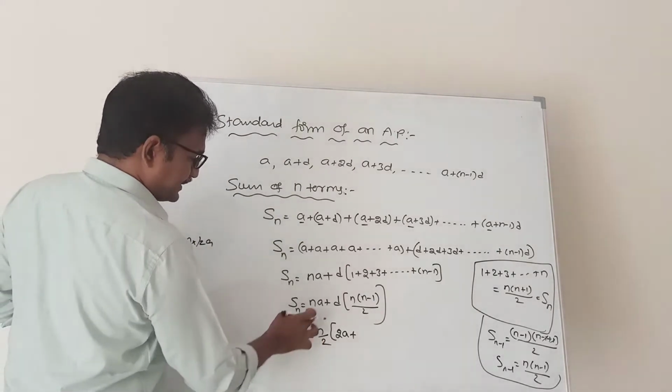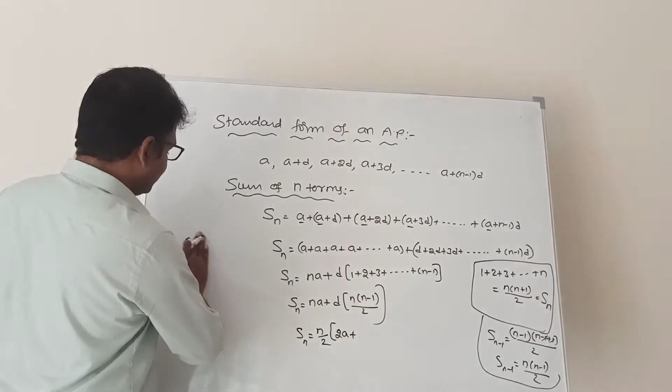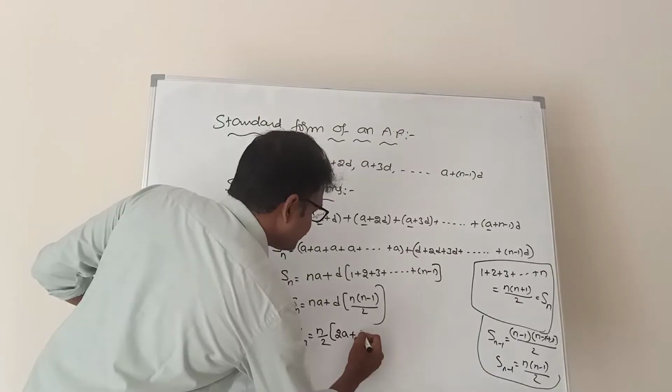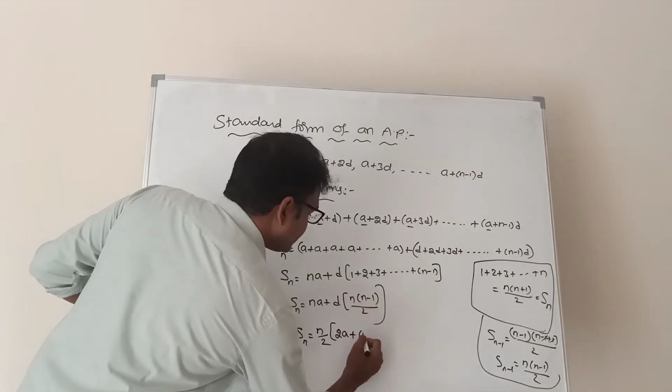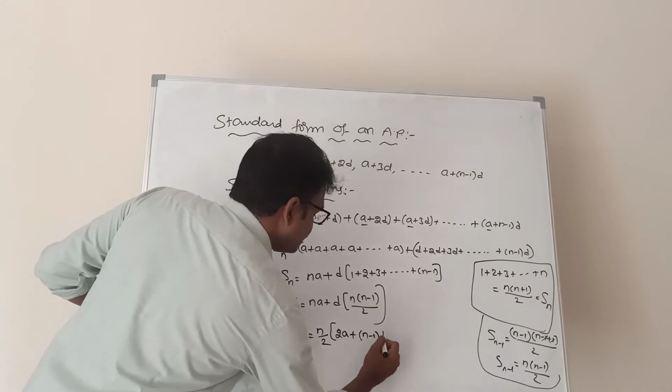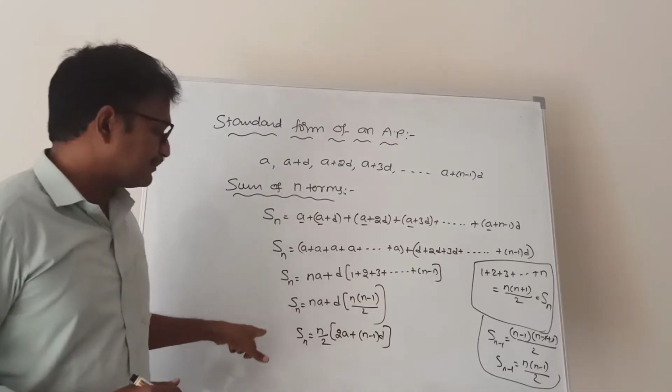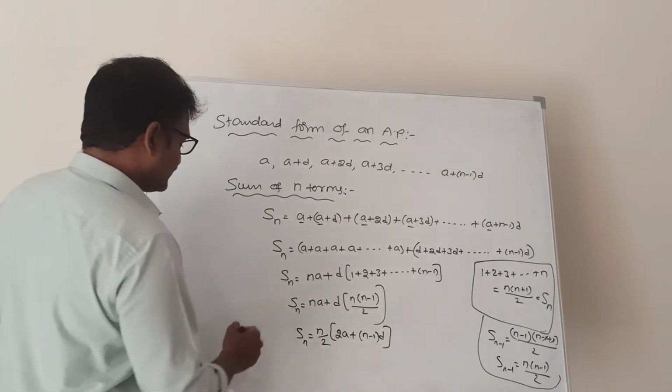Plus, if I take n by 2 common here, what you have is n minus 1 into D. This is the formula for sum of n terms.